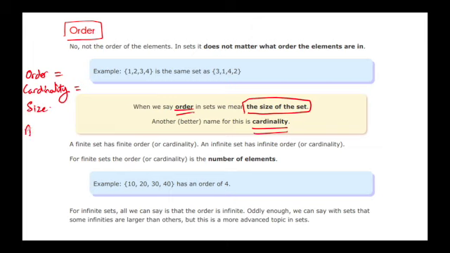So for example, if I have the set A and the set has 4 elements in it, the order of set A is what? 4. The amount of elements in the set. So the number of elements, that is the order or cardinality of the set. So everybody understands what order or cardinality is? Yeah. All right, very good.